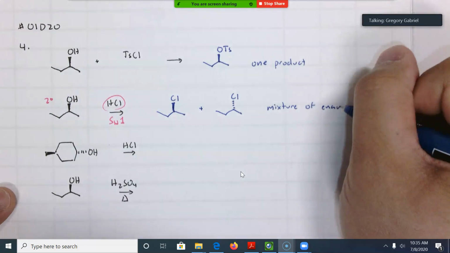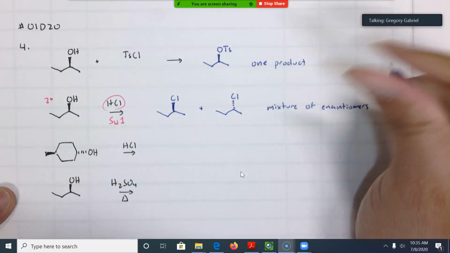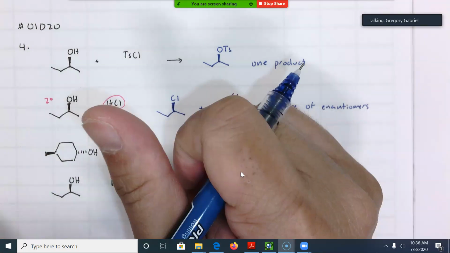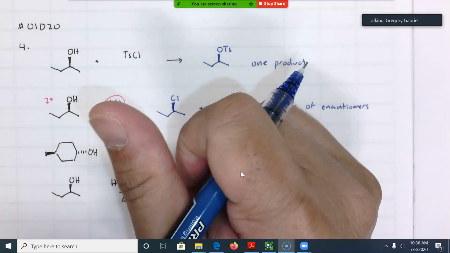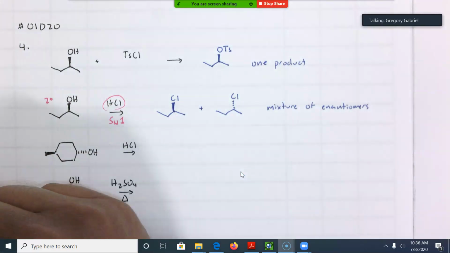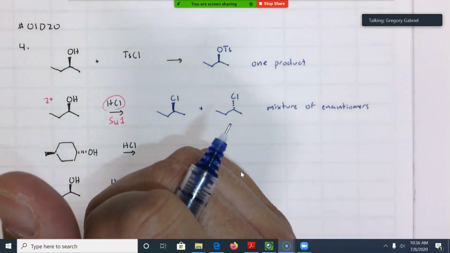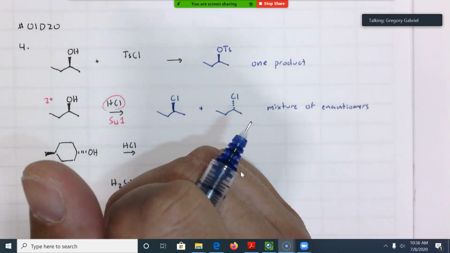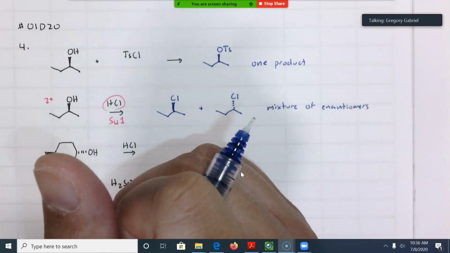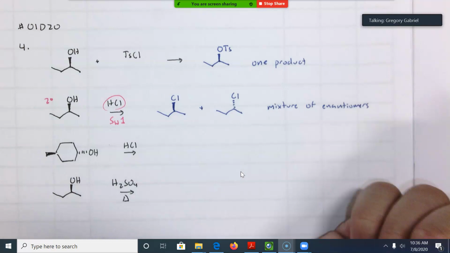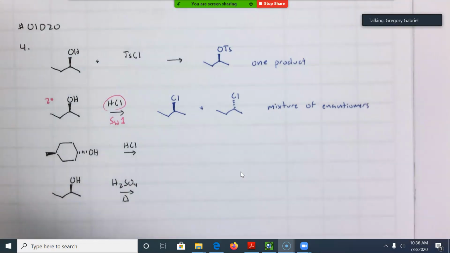If one of these is a drug molecule and the other one is toxic, actually Aleve. The chemical name for Aleve, the pain reliever, is naproxen. And they did find out, I don't know if they found out right away or there were some lawsuits, that left-handed naproxen was the pain reliever, but right-handed naproxen actually was really toxic and it really destroyed people's livers.